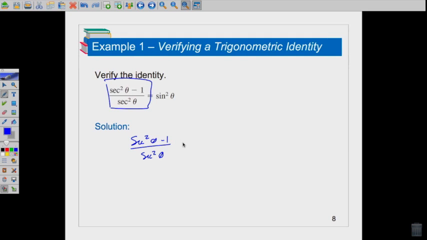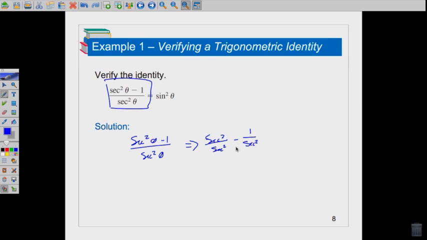Now there are different methods as to how I can go about it, but I think what I'm going to do is kind of like what we did in the last video. I'm going to go ahead and split the fraction. I'm going to have secant squared over secant squared minus 1 over secant squared.